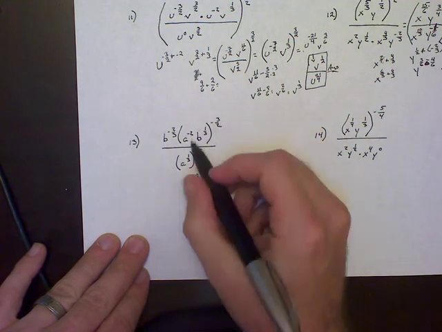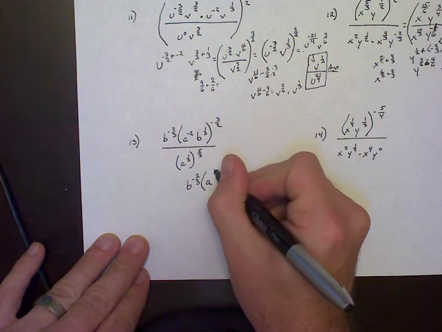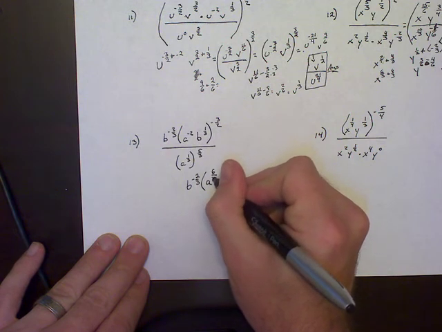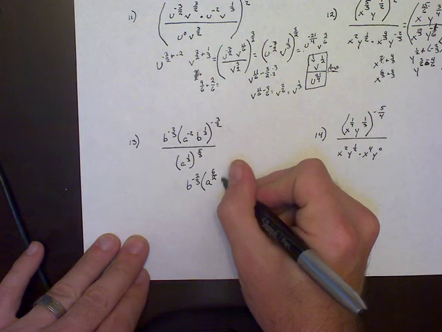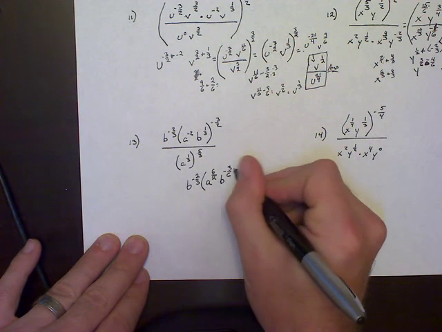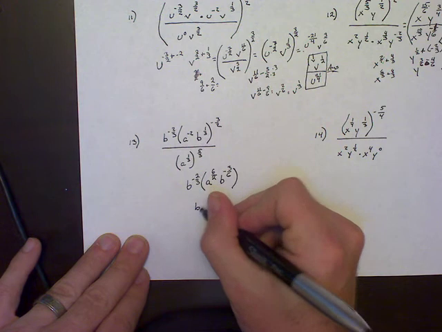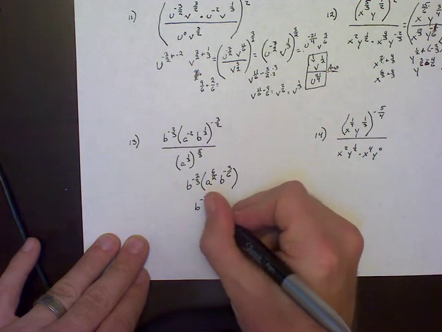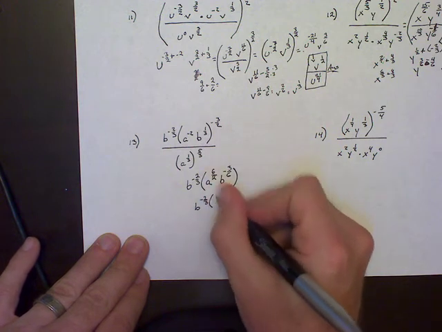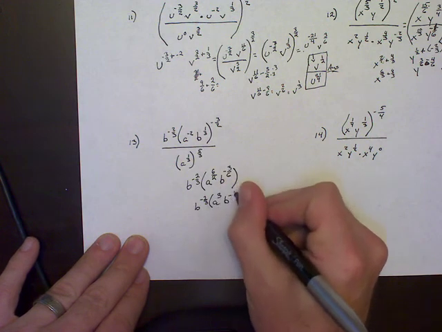Then 3 times negative 3 becomes a positive 6 over 2, and then b is negative 3 over 6, and we can actually reduce that. 6 over 2 becomes 3. That becomes negative 1/2.